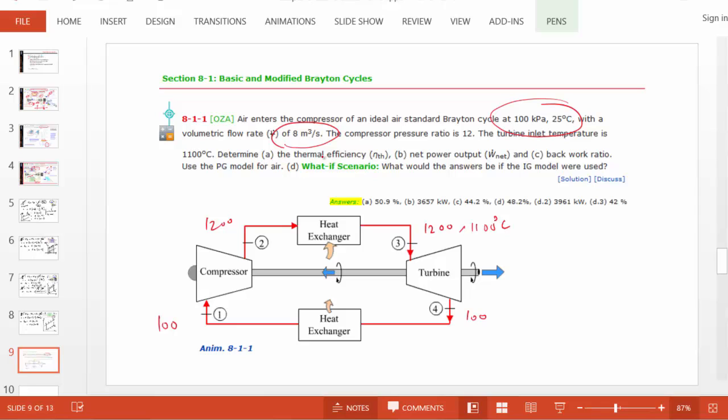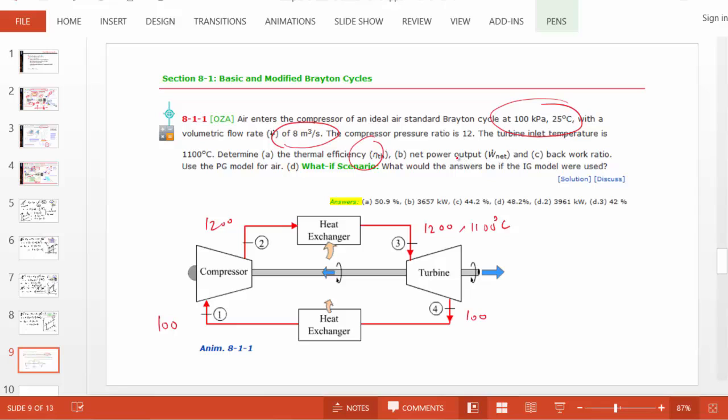Even without looking at what they want us to find, our goal should be to find states 1, 2, 3, and 4, then analyze each of the devices, and then try to answer the question. If we know net work and heat in, we can find thermal efficiency.